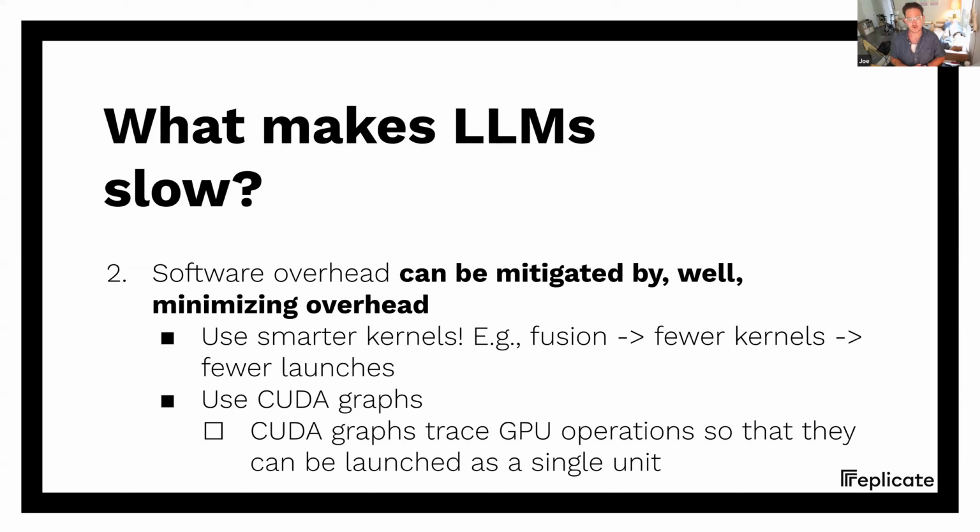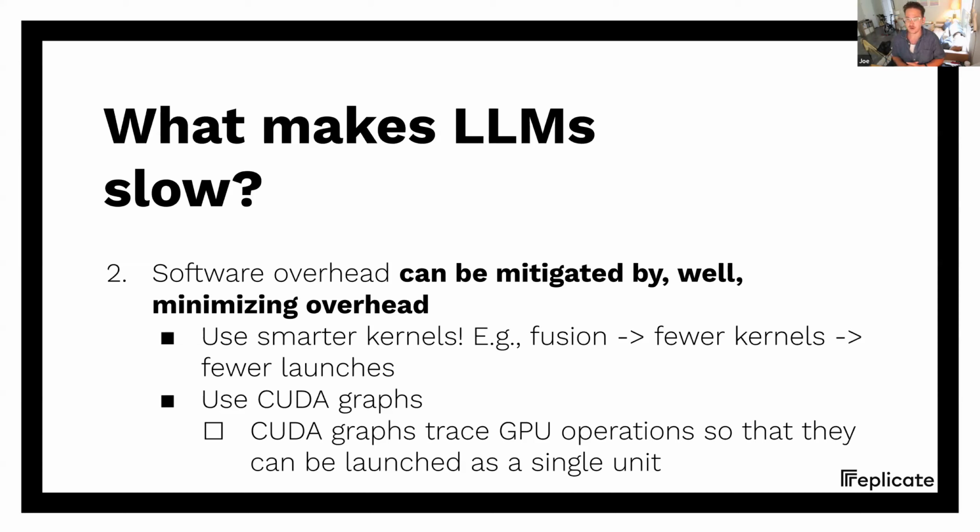Another very common approach is CUDA graphs. As you conduct a forward pass through your model, you have a sequence of operators or kernels that have to be scheduled, launched, and executed. A CUDA graph is a trace across all of those operations. And after you assemble a CUDA graph, you can launch all of your kernels as a single unit. Now, there are some caveats. Sometimes you have to re-implement a model so it's compatible with CUDA graphs.